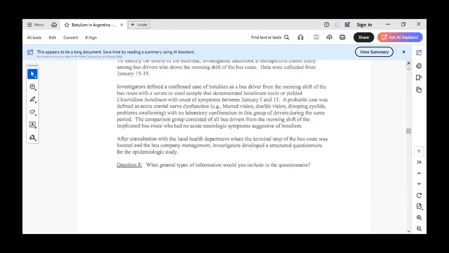I think I heard someone mention foods eaten, so not just clinical information, you also want what foods were eaten. You mentioned medications and underlying medical illness.